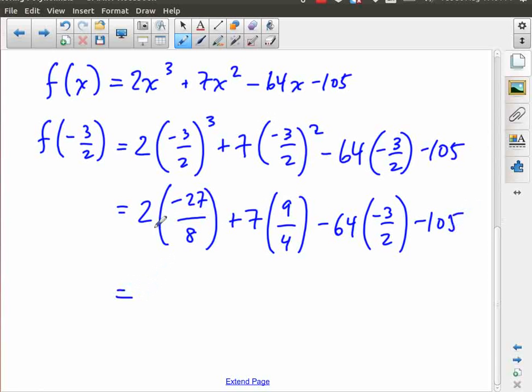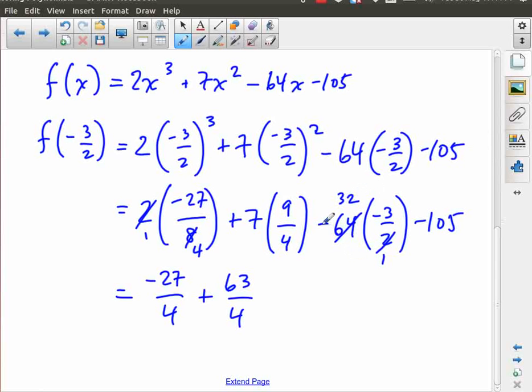Okay, so 2 goes into 2 once and it goes into 8 4 times. And that gives me a total of negative 27 over 4. 7 doesn't go into 4, so this one just gives me plus 63 over 4. 7 times 9 is 63 over 4. 2 goes into 2 once and goes into 64 32 times.